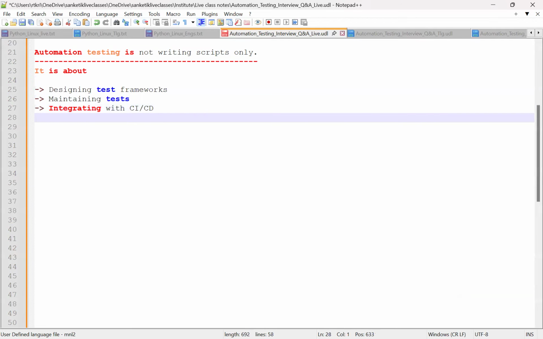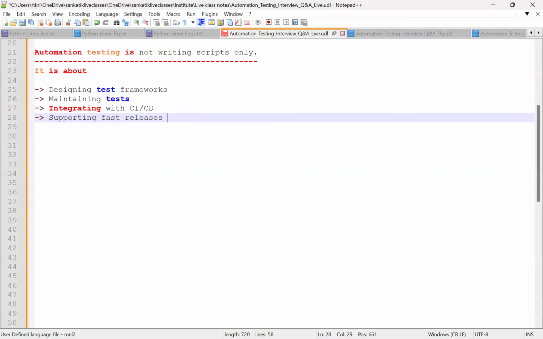And then next, supporting fast releases. Okay, so this is how the main automation role is about.